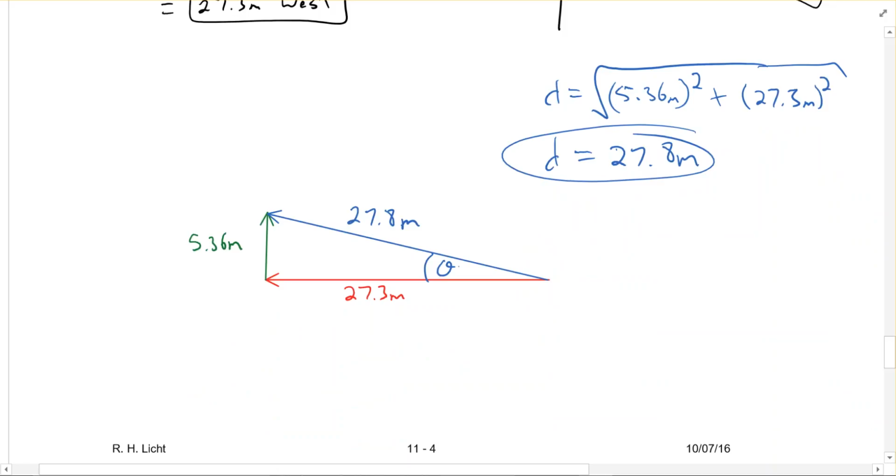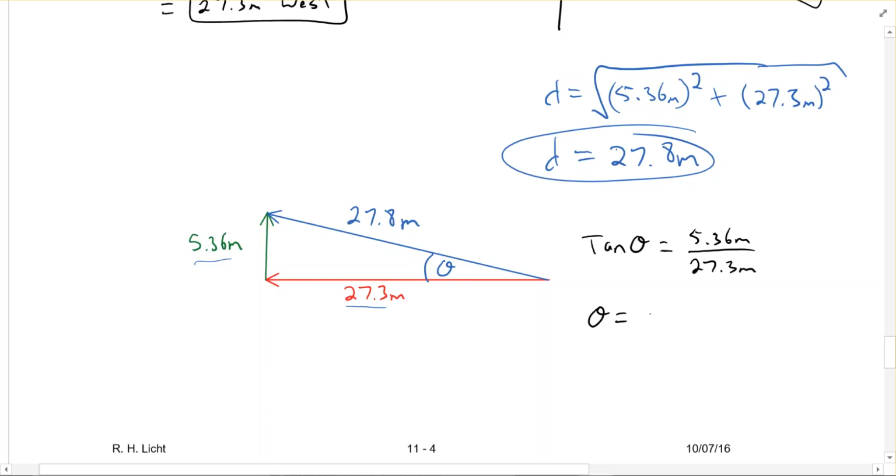To do that, we really could use anything we wanted, but let's use the two side lengths, or the two components. So tan theta is equal to opposite over adjacent, so 5.36 meters over 27.3 meters.